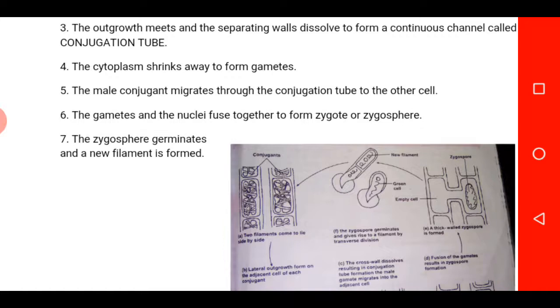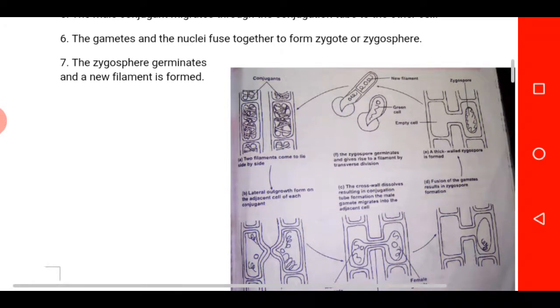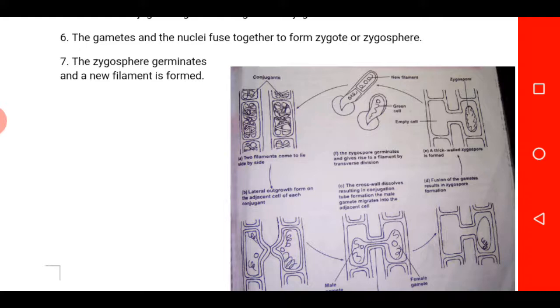Then the male gamete will migrate, that is, the nuclear material or the gamete in the male conjugate will migrate to the female conjugate through the conjugation tube. When it reaches the female conjugate, there will be fusion of the gametes. That is, the nuclear material of both of them will fuse together to form a zygote or zygospore. The zygospore will later germinate and a new filamentous organism will be formed.